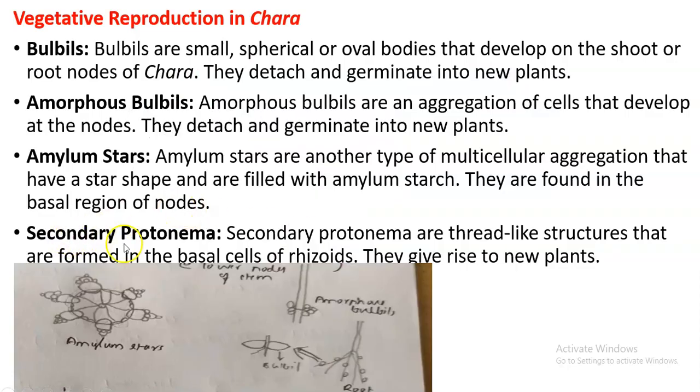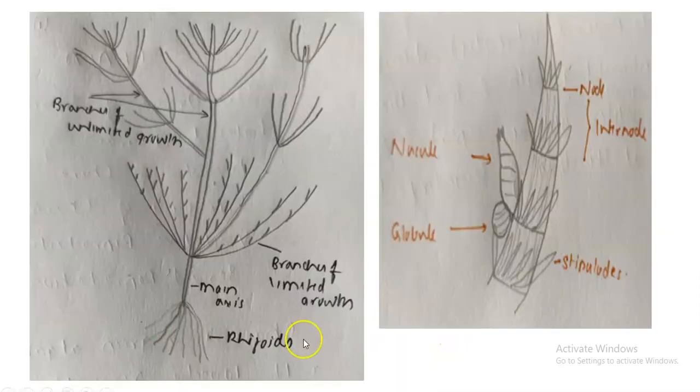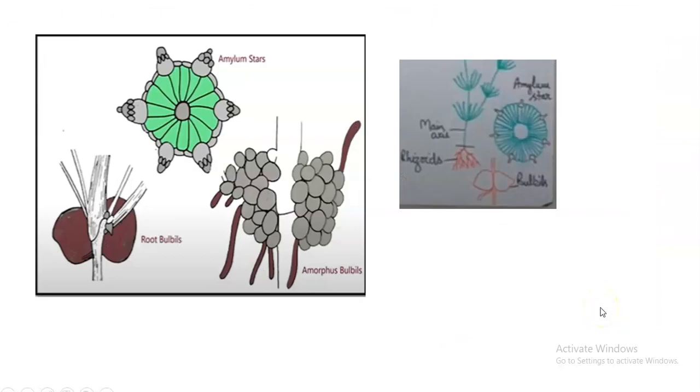Then the final category of vegetative reproduction displayed by Chara is secondary protonema. Secondary protonemas are from the rhizoid ends. I'll show you. From the end of the rhizoids, there will be some thread-like formation. A rhizoid is also a multicellular thread-like filament, and from the lower area of the rhizoids you can see some thread-like formations that are called secondary protonema.